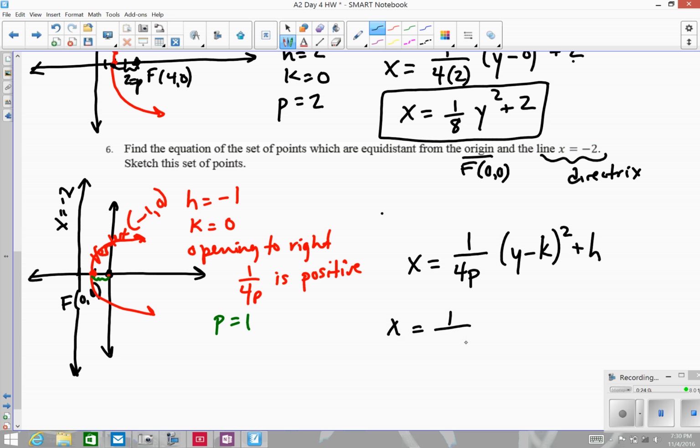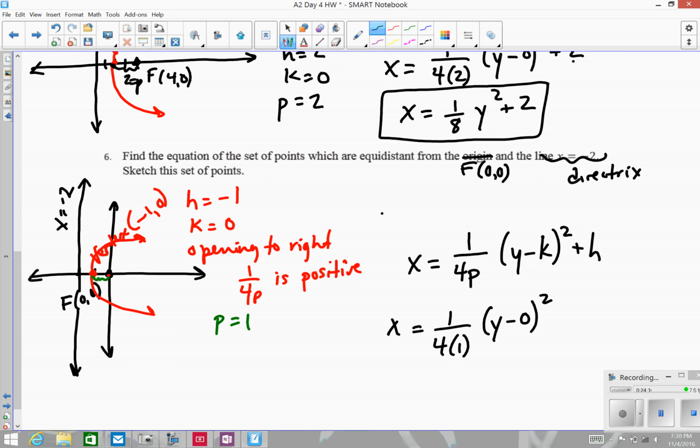X equals 1 over 4 times my p value of 1, y minus a k value of 0 squared, plus an h value of negative 1, which becomes just minus 1. Cleaning this up, we have x equals 1 over 4 y squared minus 1, and we're done.